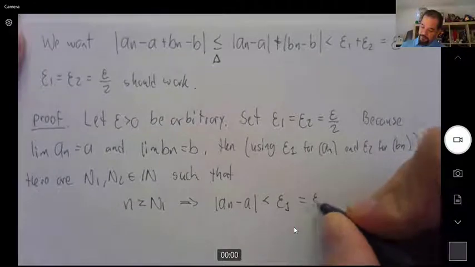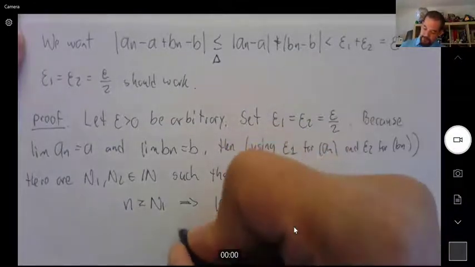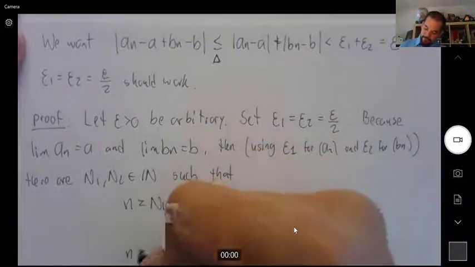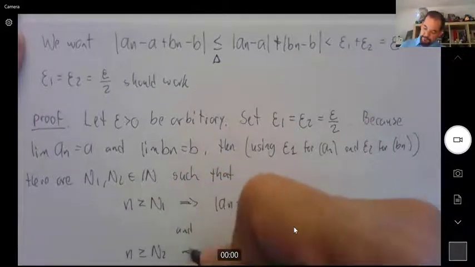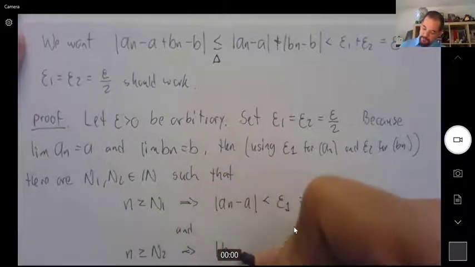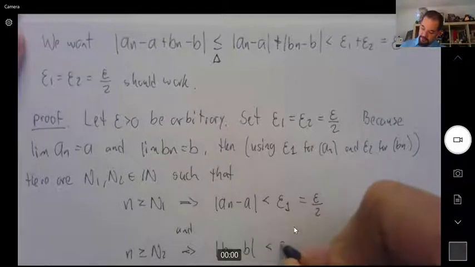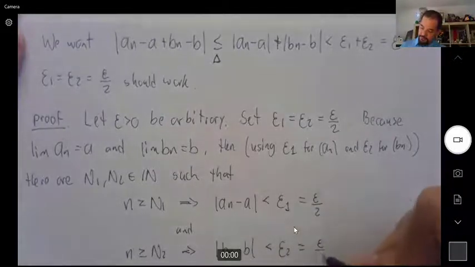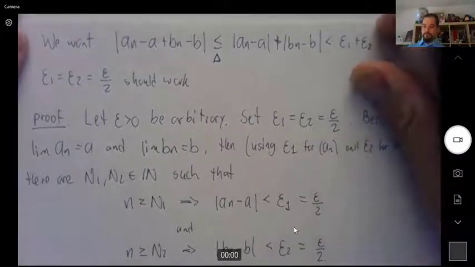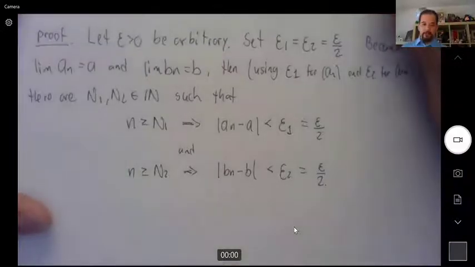Remember that this is epsilon over 2. And if n is bigger than capital N2, then bn minus b is less than epsilon-2, which is epsilon over 2. Right? Okay.